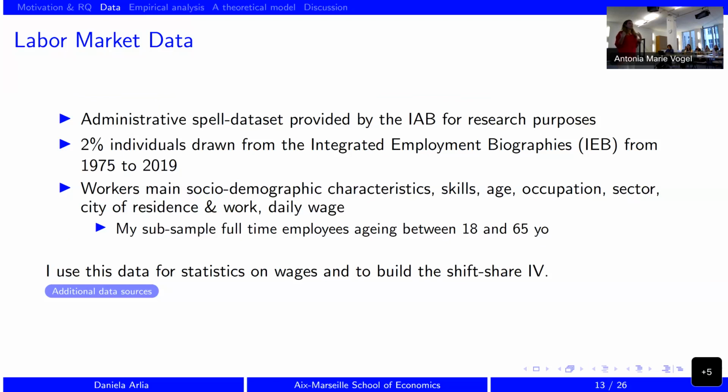And I have the main information on workers' characteristics: age, skills, occupation, sector, city of residence and work, and wage. The sample I consider is full-time employees aged between 18 and 65 years old. And I use this data mostly to build the statistics on wages and for building my shift share.